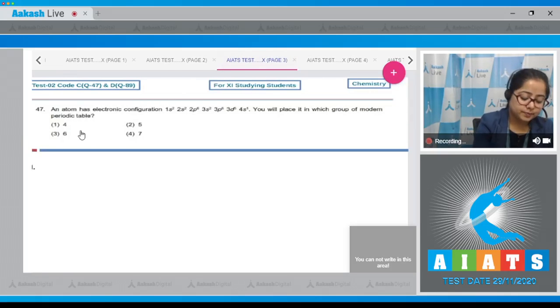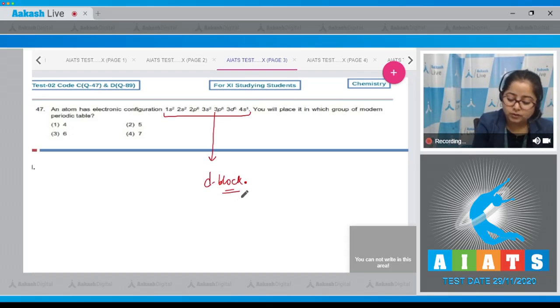Let's read the question. An atom has electronic configuration 1s2, 2s2, 2p6, 3s2, 3p6, 3d5, 4s1. You will place it in which group of the modern periodic table? So students, first of all we have to analyze that the element represented by this configuration belongs to the d block.